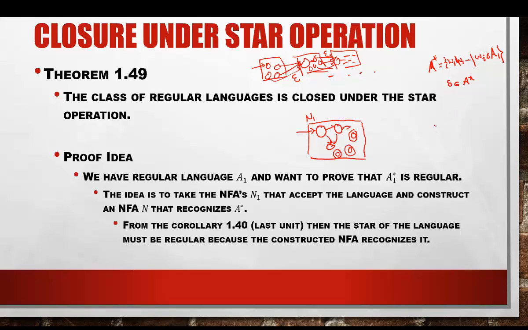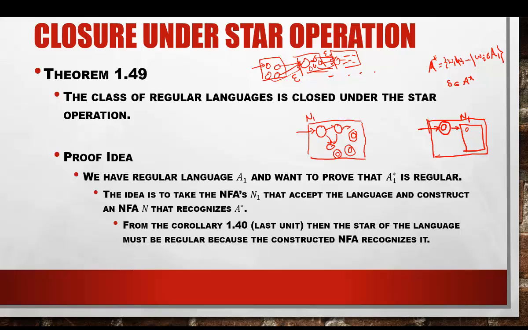So effectively, if this was my original automaton, I will add a new state here, make it the start state, so this effectively accepts the epsilon language, and then I plug that into my original automaton N sub 1 here.